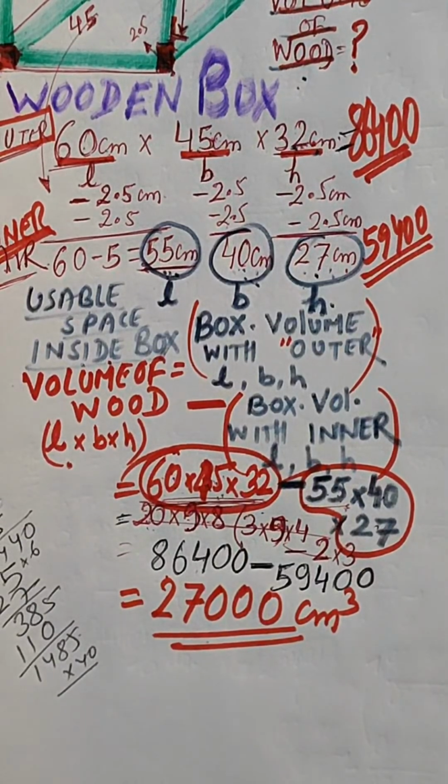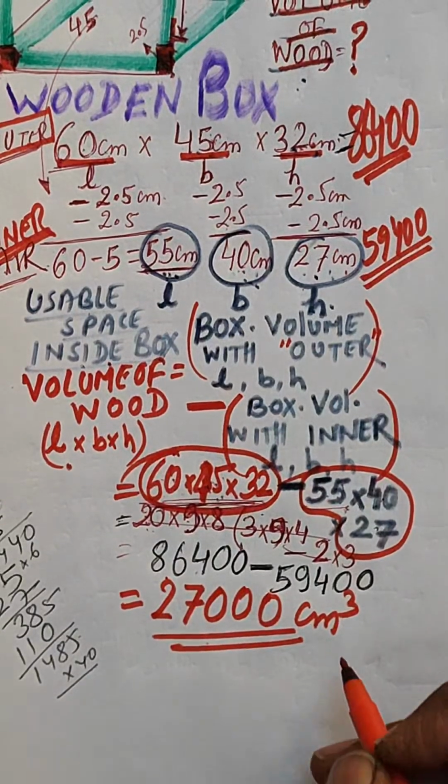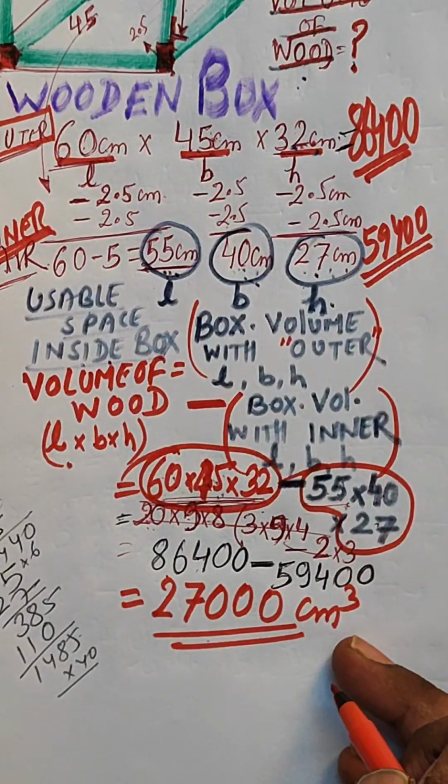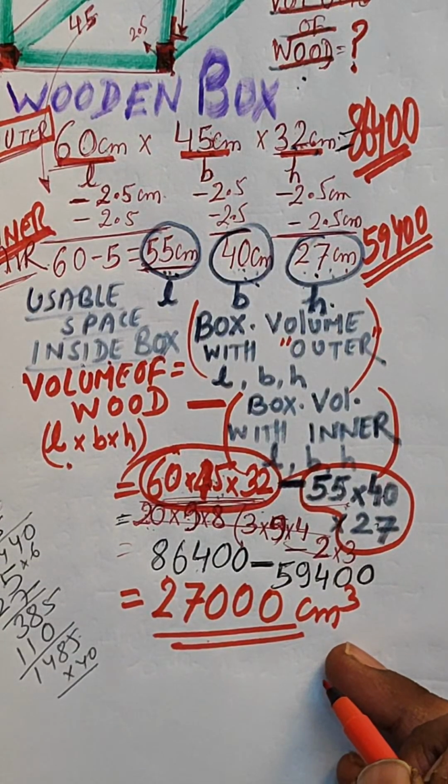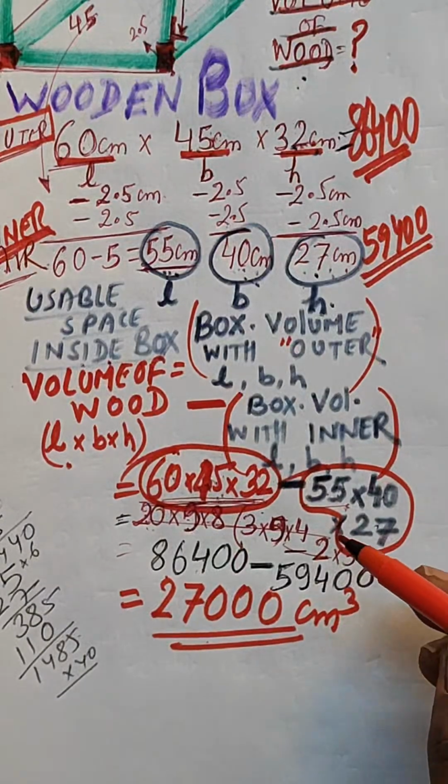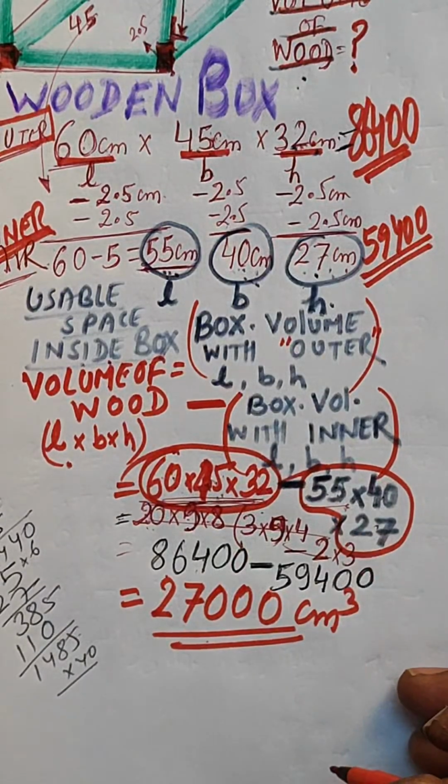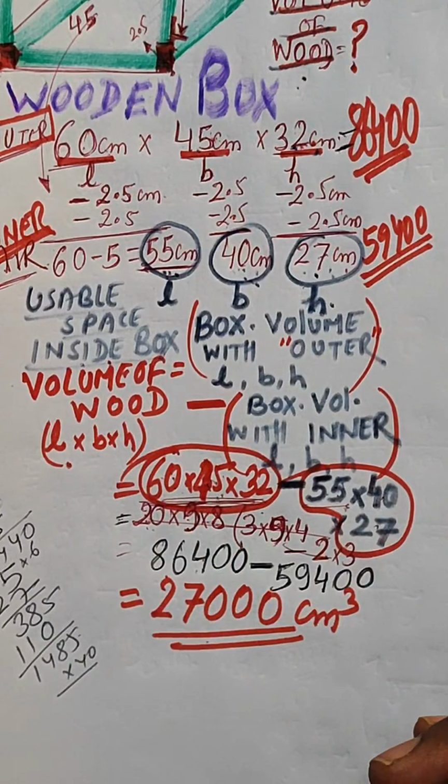You calculated 594 meter square. No, Hamza, this is the volume, and all the dimensions are in centimeter. So if you convert it to meter also, then your answer of 594 will not be meter square, but it will be meter cube. Make sure that whenever you are calculating the volume, the unit will be cube.